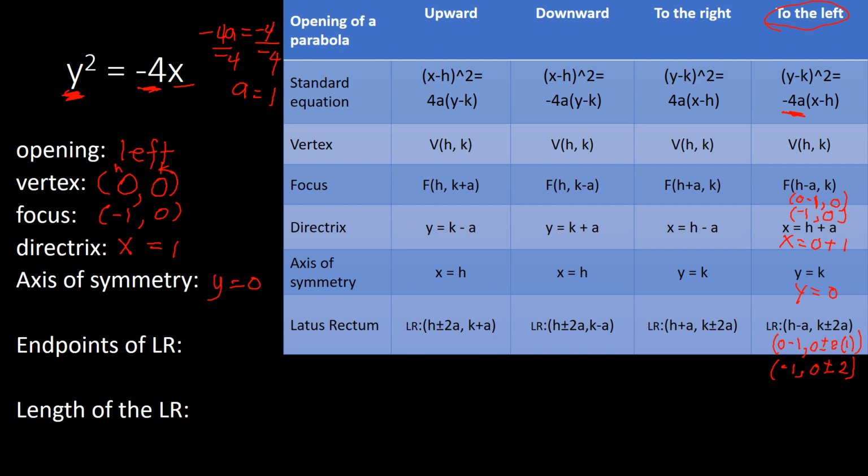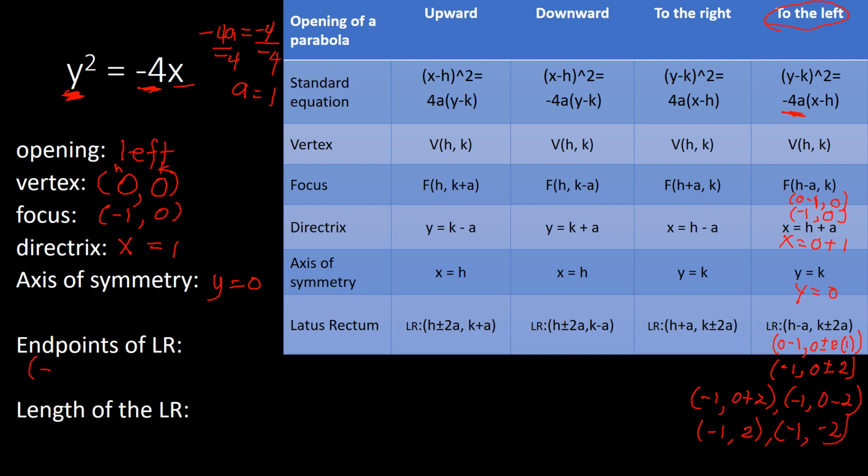So we've got now 2 points, which is negative 1, 0 plus 2, and the other one is negative 1, 0 minus 2. Simplifying this, we have negative 1, 0 plus 2 is 2, comma, and then we have negative 1, 0 minus 2 is negative 2.